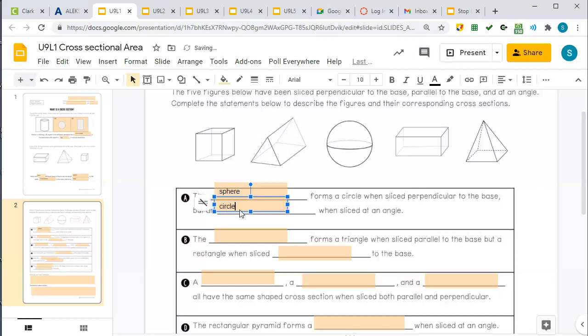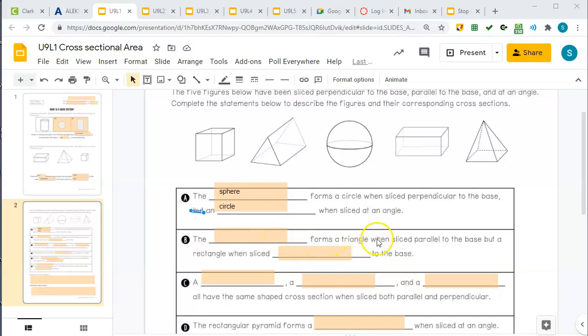This one is a little confusing, because I think the person who wrote it made a mistake, and we're just going to cross out the word but, and it forms a circle when sliced at an angle. In fact, there's no way to cut a sphere where the part that you cut doesn't look like a circle.